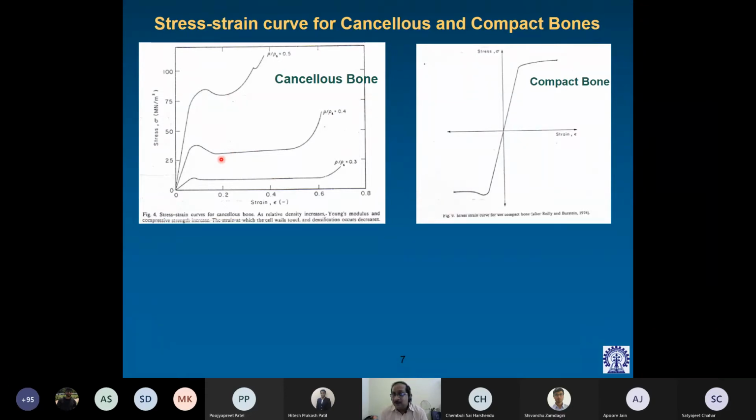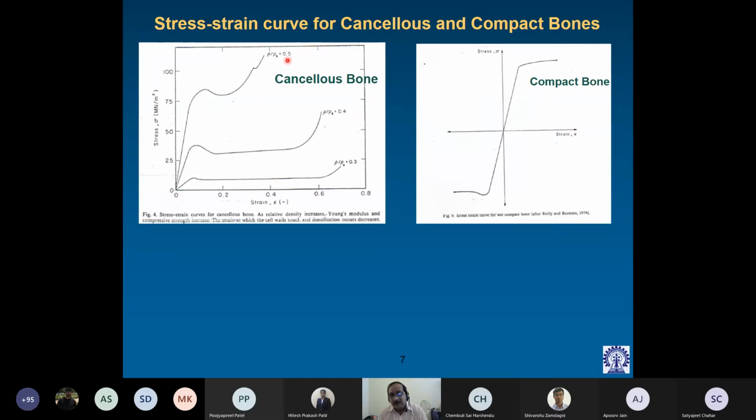And a very important thing here is that at low relative density, 0.3, for the case of 0.3 and 0.4, you see an appreciable plastic deformation phase, okay, which is followed by a steep rise in the stress strain curve, both for 0.3 and 0.4. So some transformation in structure is happening in this zone.